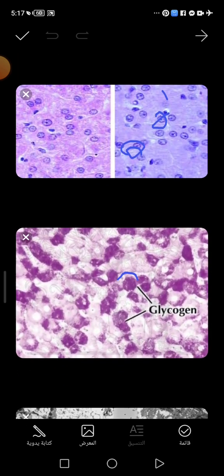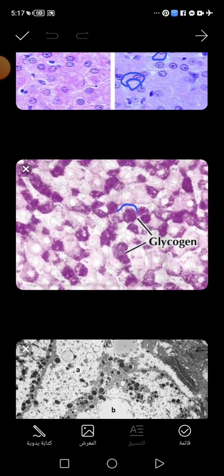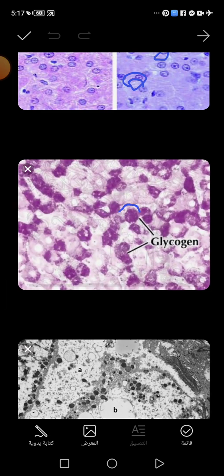If we want to see glycogen, we need a special stain called PAS, or periodic acid Schiff. It's written with SCH, but we read it as Sh.